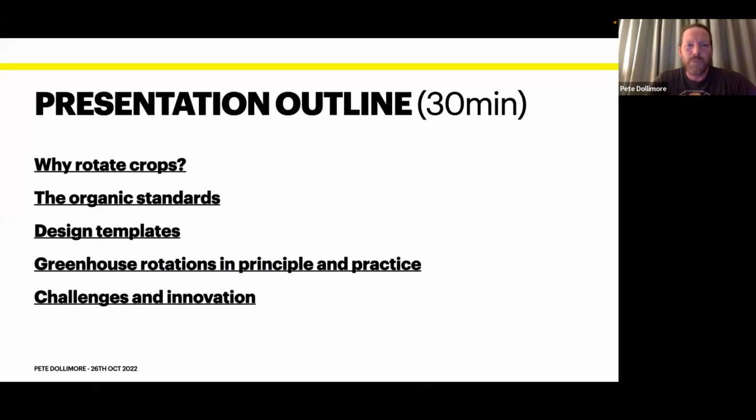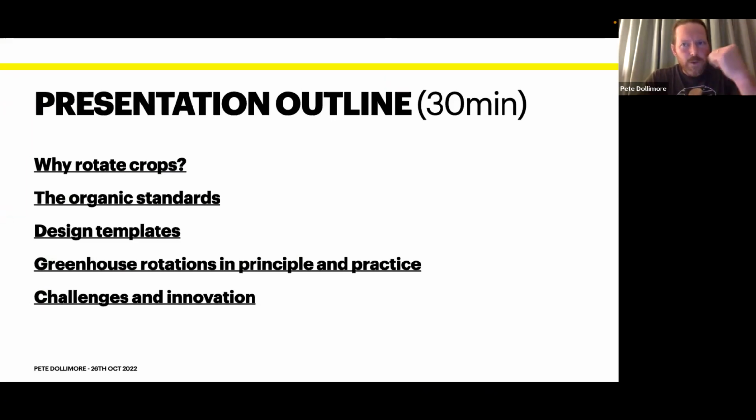So the outline of this presentation will basically be why should we be rotating crops. It's not usually such a big deal in glass houses as outdoors, but I think recently it's become much more of a hot topic as we try to fine-tune our systems.